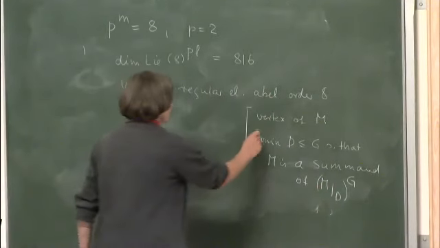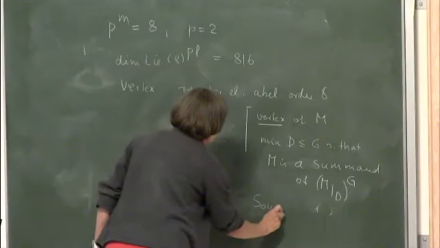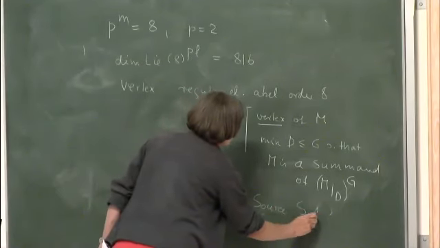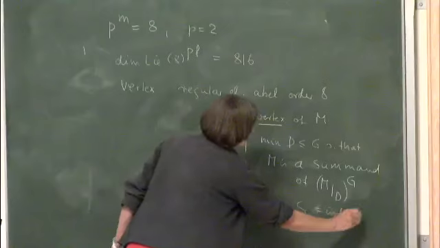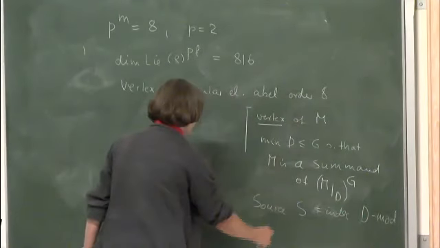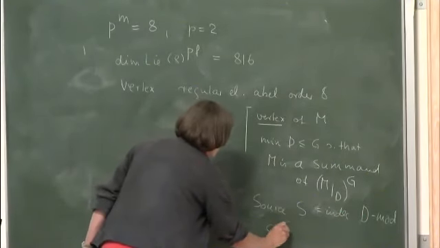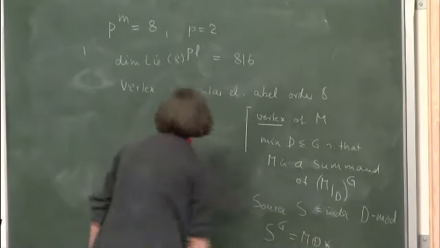And then you also have a source. So a source is an indecomposable D module, and you can get M as a summand of S induced, M plus something. Right.